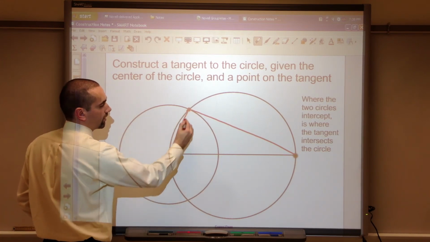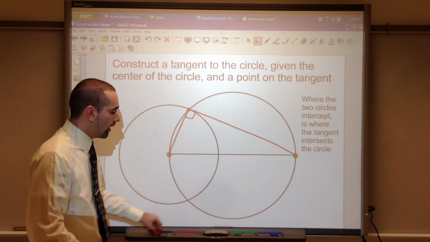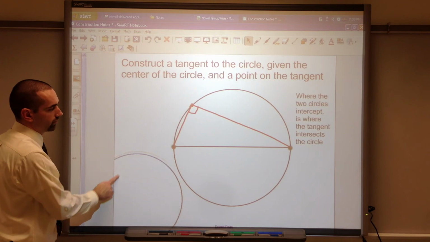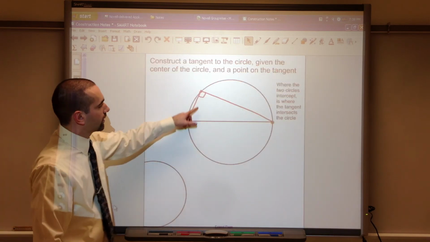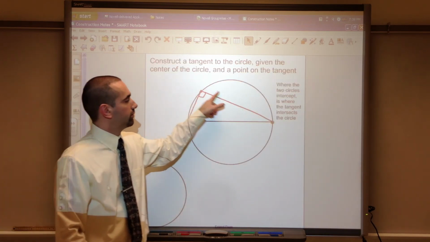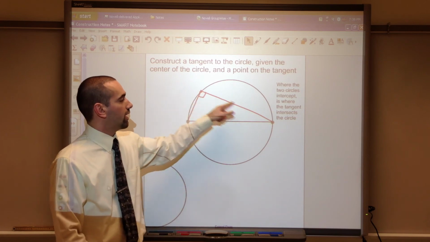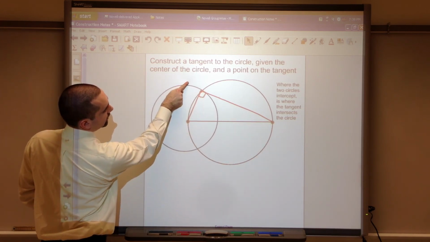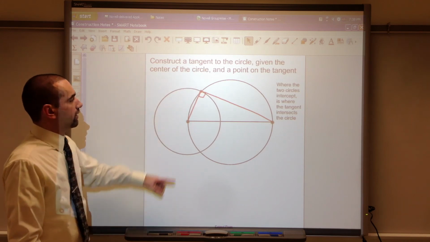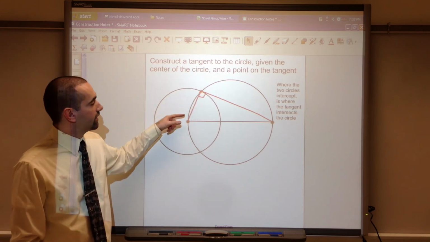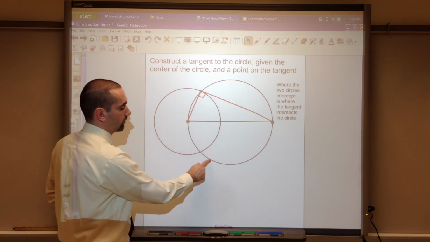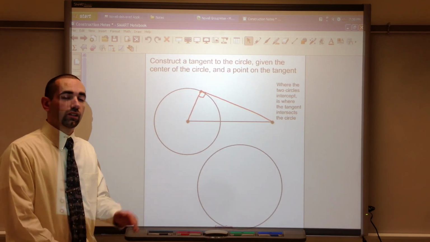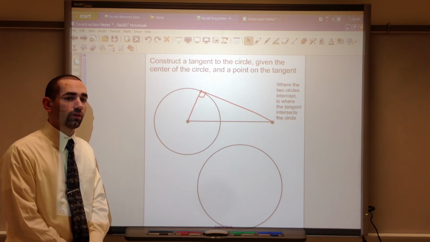Because look, that will be perpendicular. Now, why is that perpendicular? Well, the inscribed angle. That's the diameter, the inscribed angle. That line is tangent to this circle. And there we go. Those are the constructions that we need to know for Unit 8.